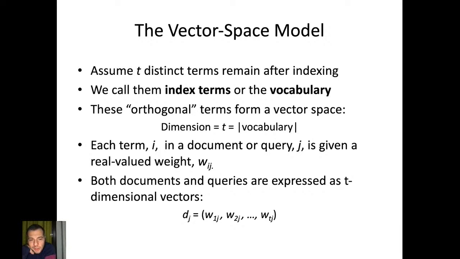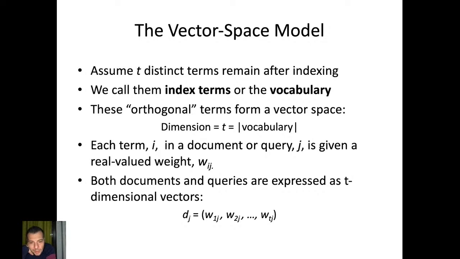So each term in a document or a query j is given by a real value weight w_i,j. So both documents and queries are expressed as t-dimensional vectors, composed of these weights.